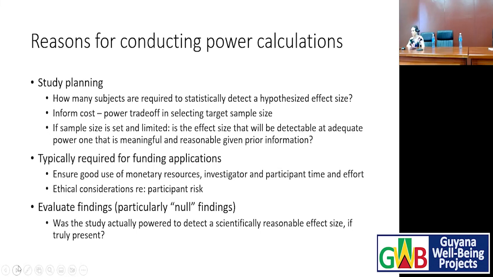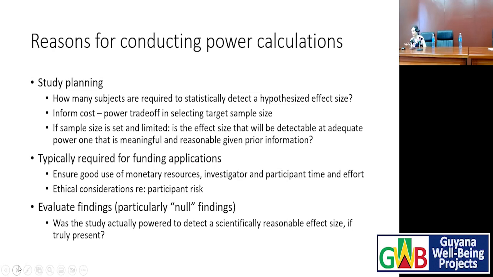And sometimes you already know the sample size, maybe you have 100 people and that's the max you have. Well, is the effect size that you are possibly going to detect by doing a study an effect size that's going to be meaningful, or is it not reasonable? And then you may want to consider, should I do the study for maybe a different population?